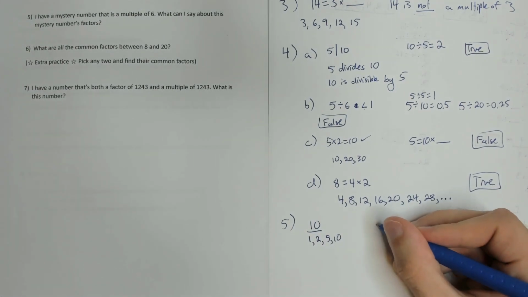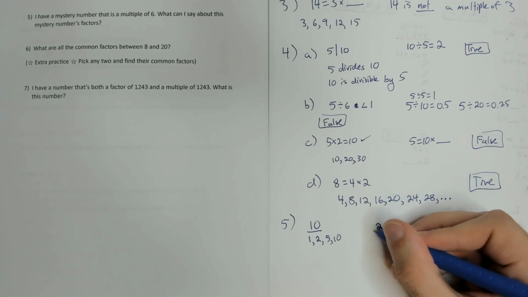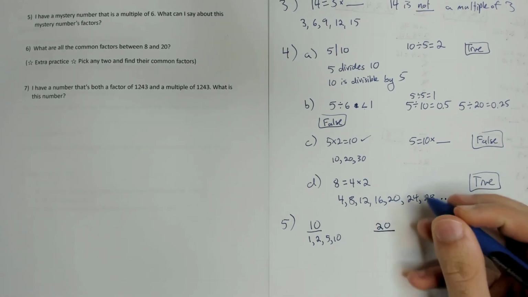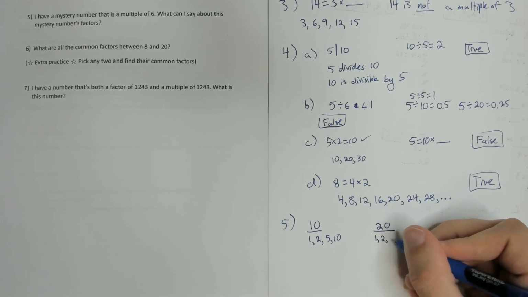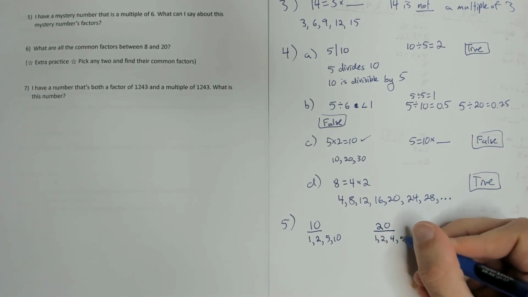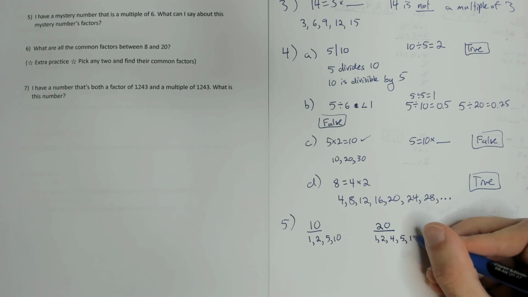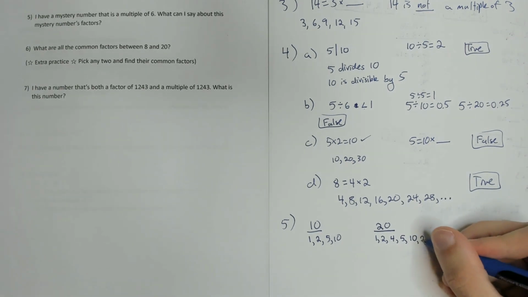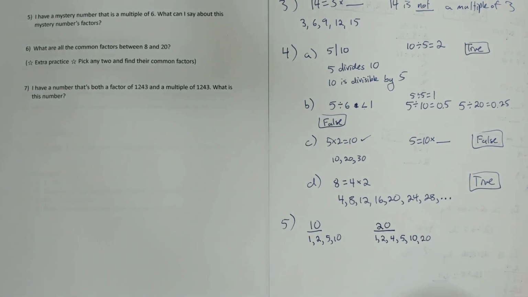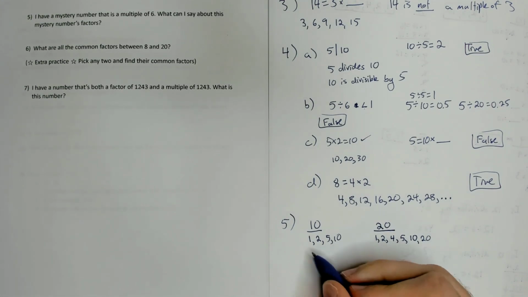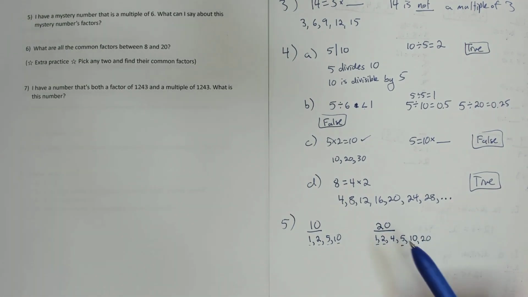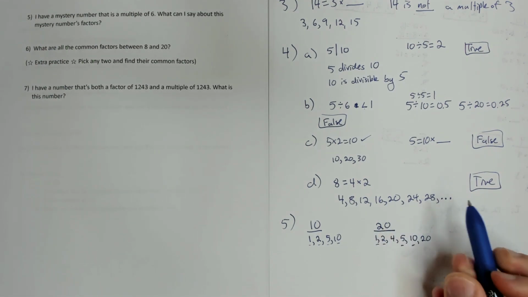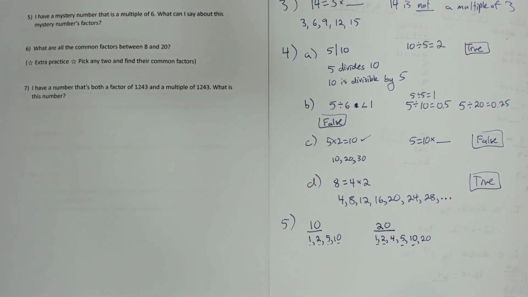Now, let me also look at the factors of 20. Well, the factors of 20 are, and you can confirm this for yourself, 1, 2, 4, 5, 10, and 20. So these are all the factors of 20. Now, what do you notice? This 1, 2, 5, and 10 are also present here. So basically, all of 20's factors includes all of 10's factors.